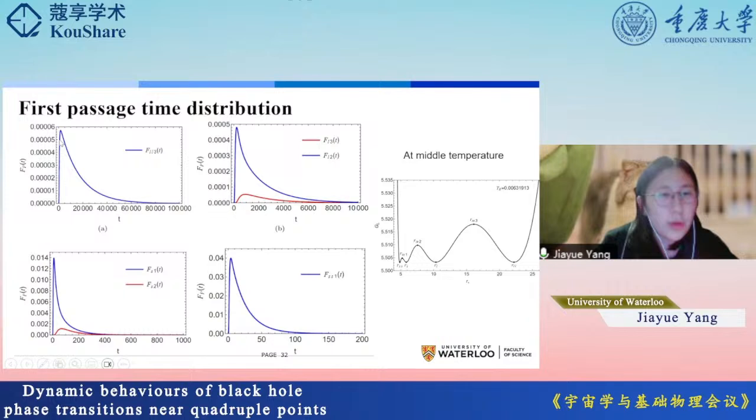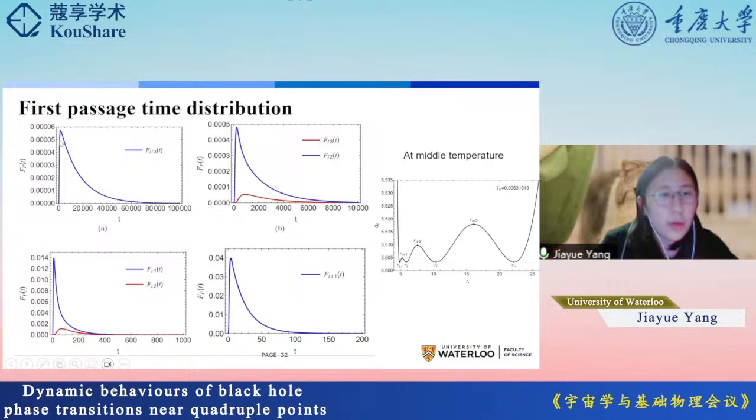The time here is very, very large, and the time for the large black hole is smaller than this. For the initial small black hole, the time here is lower than these two. And this is the smallest one.